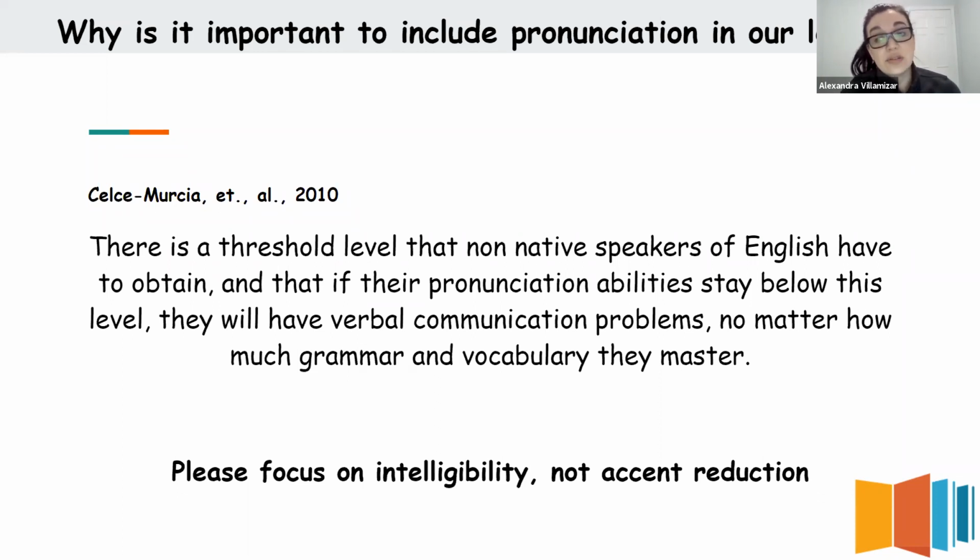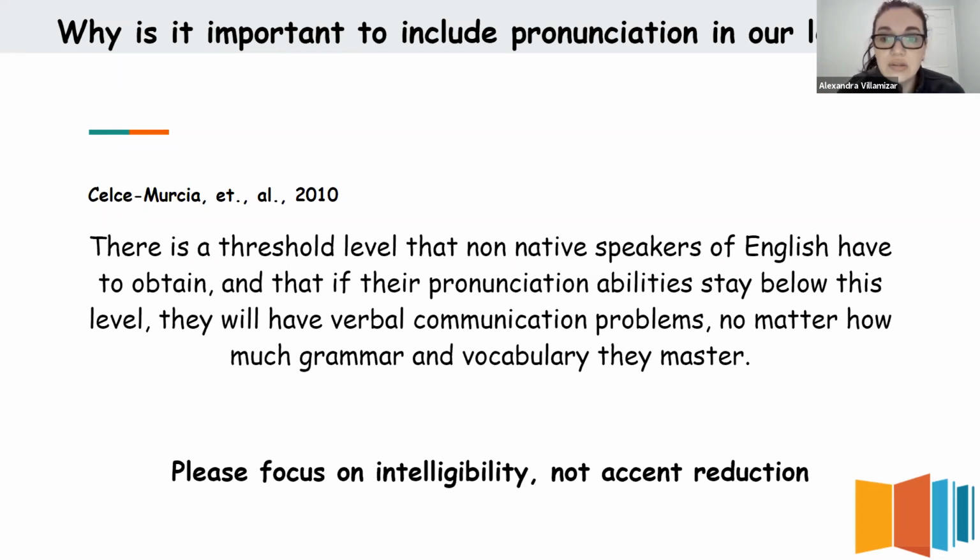instead of accent reduction. I believe that you have experience with your students, maybe, because I know many students say that they want to get rid of their accent, right? That's how they think about improving pronunciation, like getting rid of their accent.